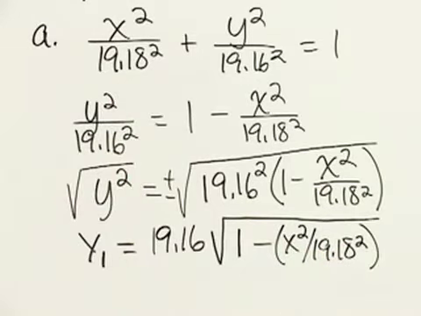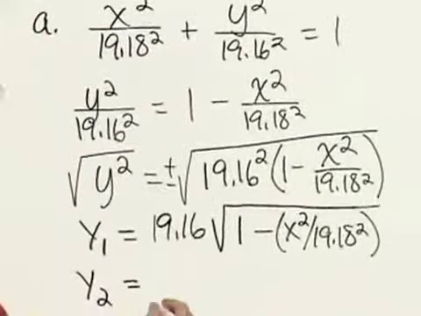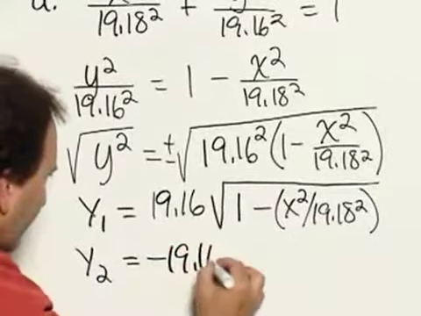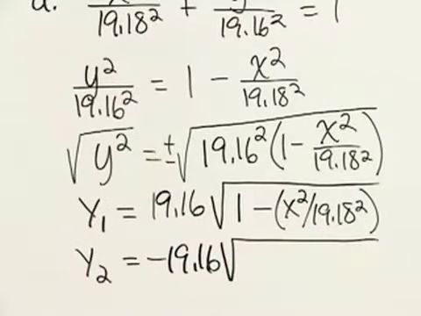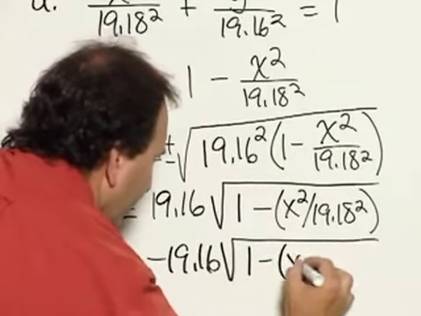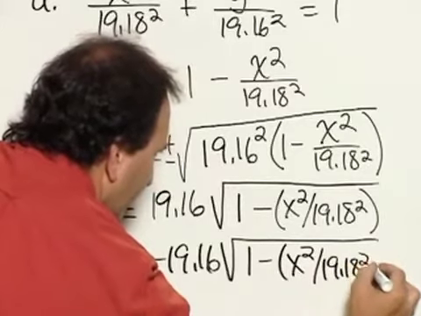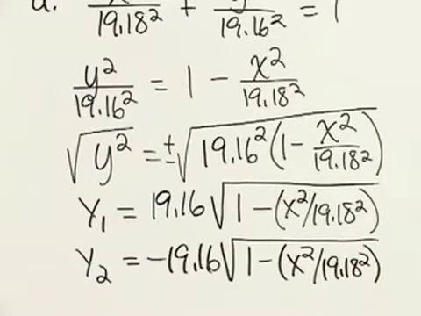That's just to make sure that we're accurate when we enter it into the calculator. Now, y sub 2 will be that equation with a negative sign in front of it. So, negative 19.16 times the square root of 1 minus parentheses x squared divided by 19.18 squared. So now, let's go enter those into the calculator so that we can see the graph of this ellipse.